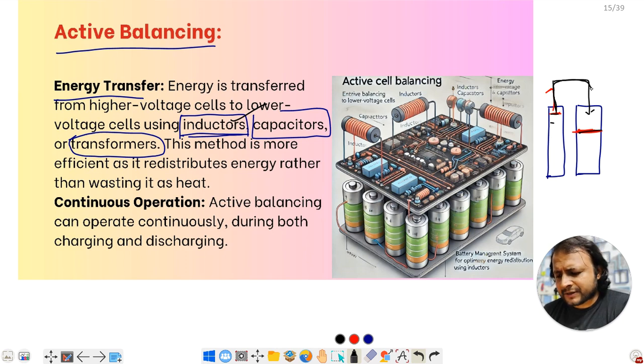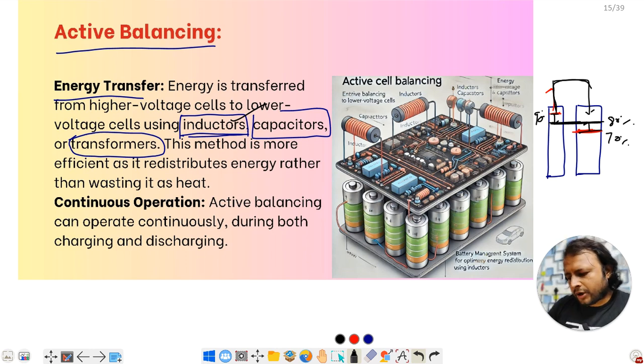The charge of this battery will go down and the charge of this battery will go up, and up to 80% they will be balanced.